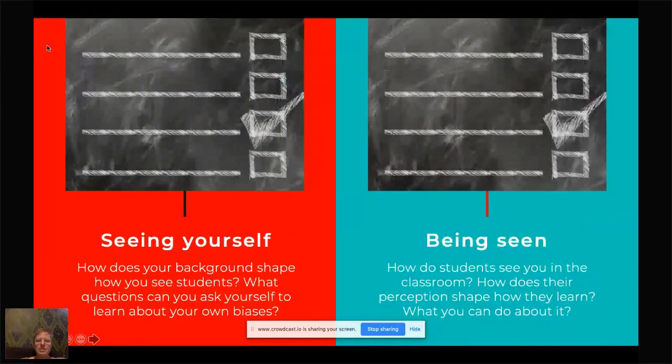So some questions to ask oneself when doing this kind of reflective work is, first, how does your background shape how you see students? And what questions can you ask yourself to learn about your own biases? And this is some of the hardest work, especially if we occupy positions of relative privilege. So, for example, I'm a cisgender woman.